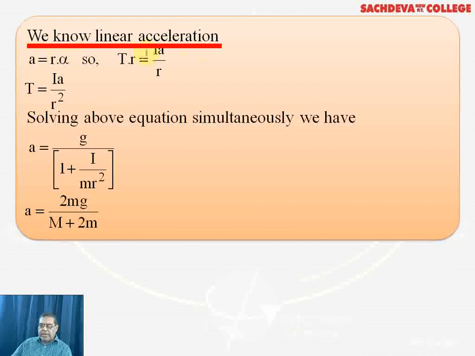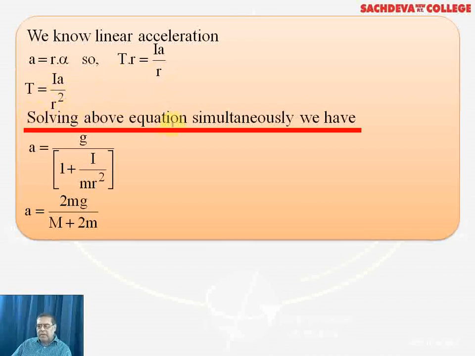We know the linear acceleration, that is acceleration in a straight line, a is equal to R alpha. So TR, that is tension into perpendicular distance, that is tau, is equal to I into a over R. And for a, we can replace R alpha. Therefore, the net expression of tau will be Ia over R square.